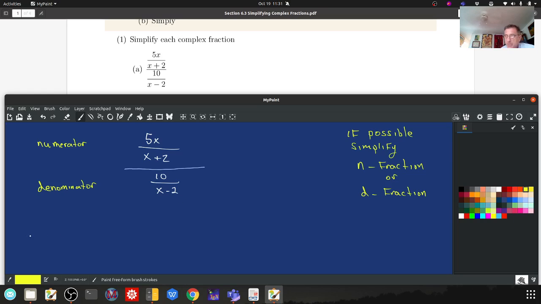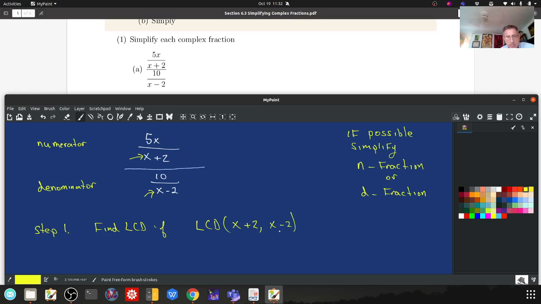So our first step, step 1, find the LCD of our denominators in the top n fraction and the denominators in our d fraction. So we want to find the LCD of x plus 2 and x minus 2.